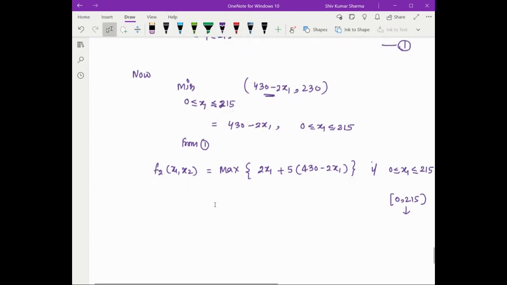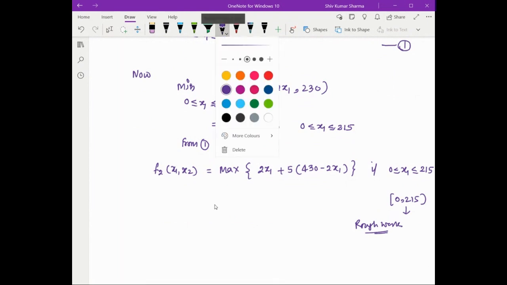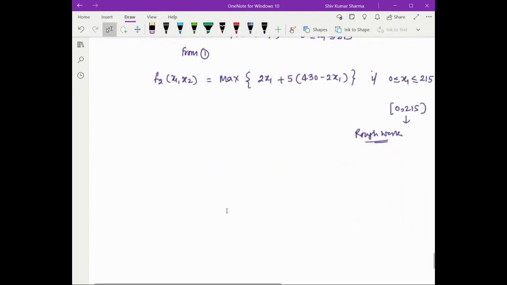First, suppose we put x1 equal to 215 and check.